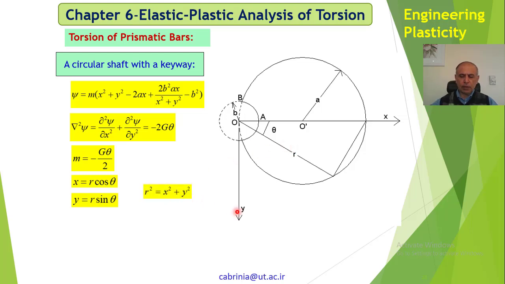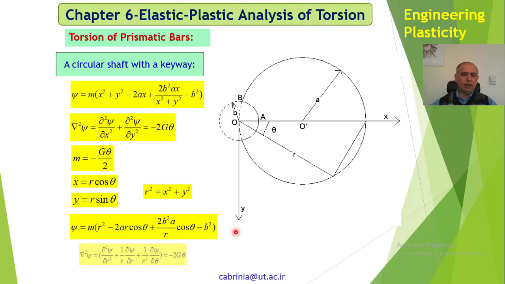And r squared is x squared plus y squared, and therefore if we substitute for these in there, we get psi equal to m times r squared minus 2ar cos theta, etc. And we could write nabla squared psi equal to that.